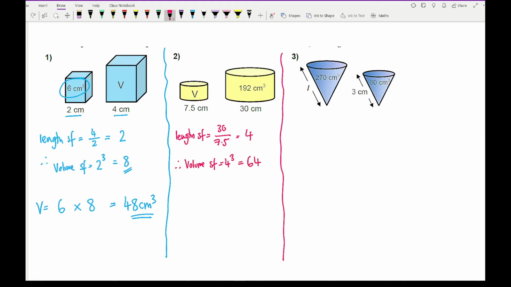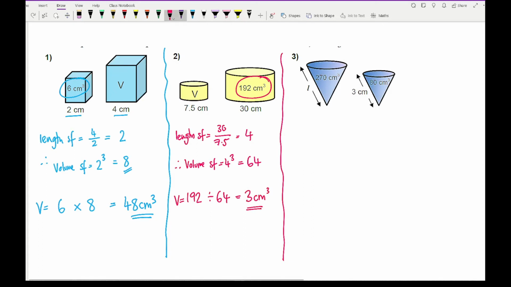So now here, to work out V, I use the volume of the shape that I know, which is 192. Because I'm going from big to small, I need to divide by the volume scale factor, which is 64. And so that's going to be 192 divided by 64, which gives me an answer of 3. So it's 3 centimeters cubed.